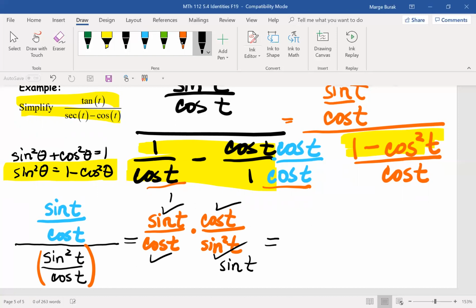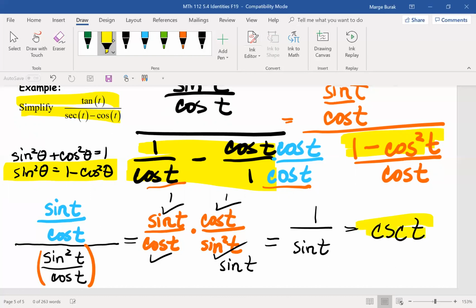And I'm left with a 1 on top and a sine of t in the denominator. Okay, everybody catch that? And 1 over sine is actually cosecant of t. We definitely simplified that.